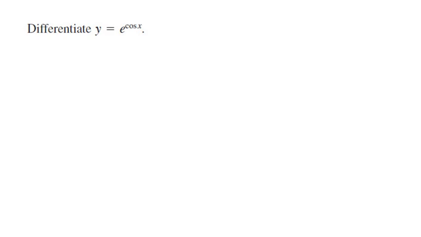Let's look at another example. The next example is y equals e to the power cos x. So we know if the function is e to the power x, then dy over dx is equal to the same function, e to the power x. But here we are asked to find the derivative of e to the power cos x, where it is not a simple x, but a function of x.